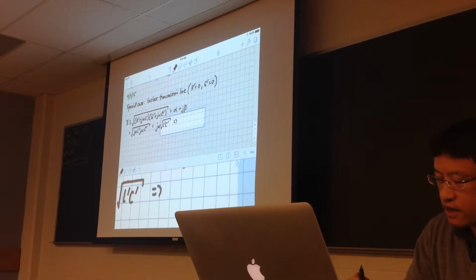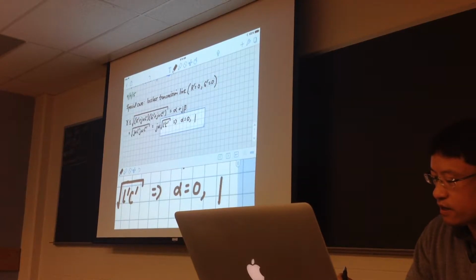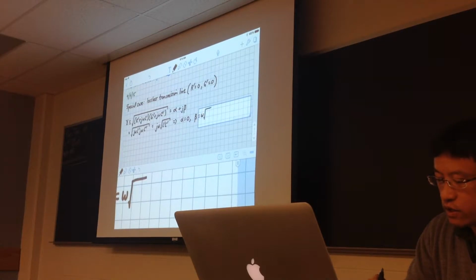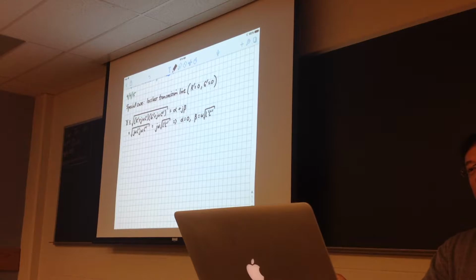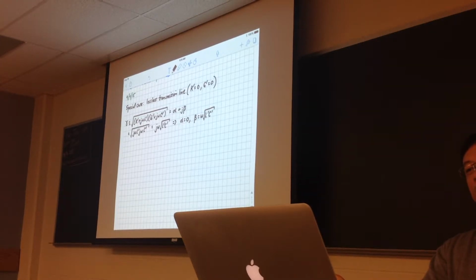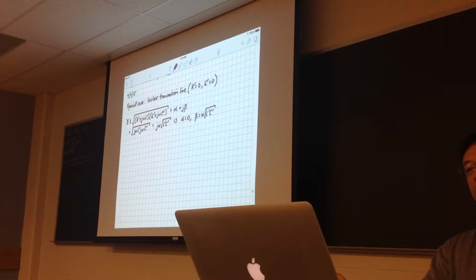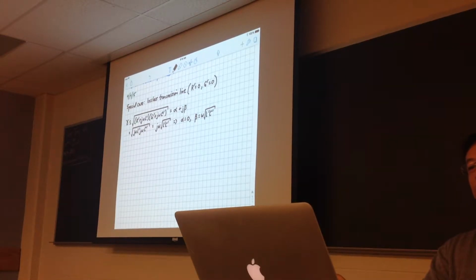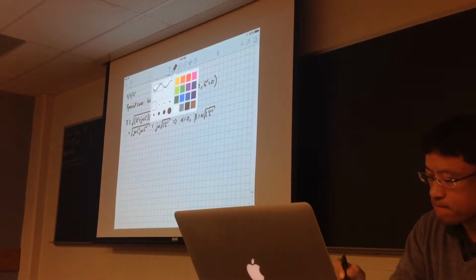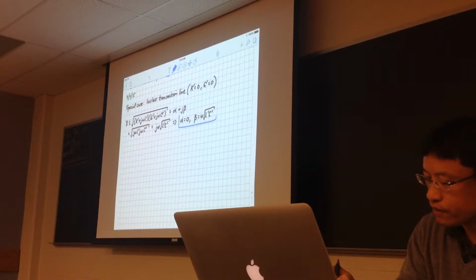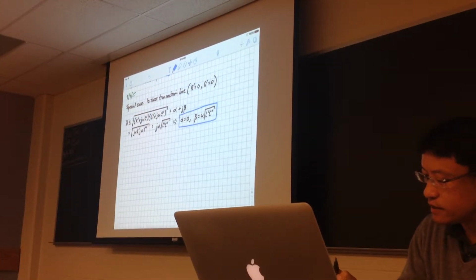So that means that alpha is equal to 0, and beta is equal to omega times the square root of L prime times C prime. So the complex propagation constant is pure imaginary in the case of a lossless transmission line.